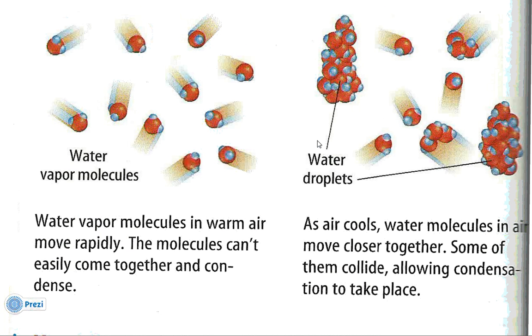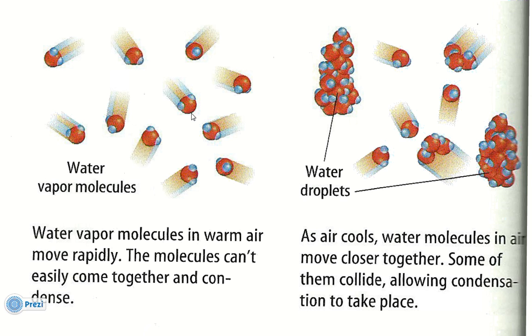Okay, I see this kind of as a game of tag. When the air is warm, the water molecules are moving around a lot among the air molecules. Remember that high temperature comes because the air molecules are moving around so much they create heat. We feel that warmth. So the water molecules are moving around and they can't touch each other.